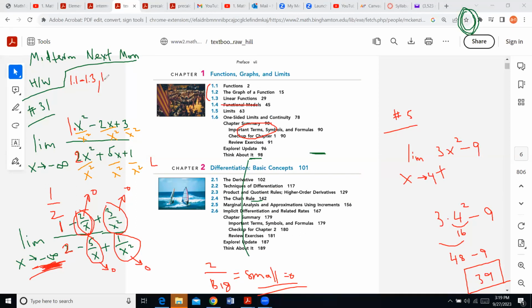Then we also did 1.5 and 1.6. And then we moved to chapter 2, derivatives, and we looked at the first 4 sections only, so 2.1 through 2.4. And then we had a couple of sections in chapter 3, 3.1 and 3.2.